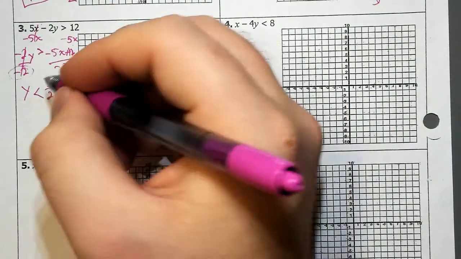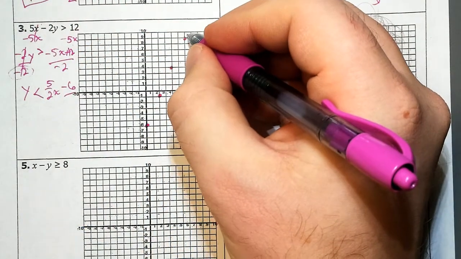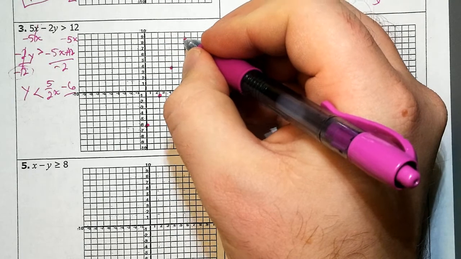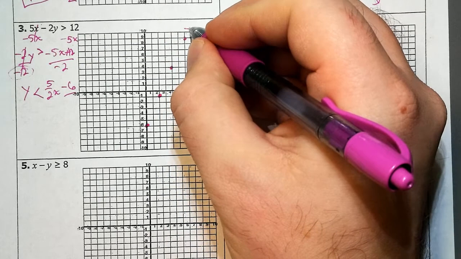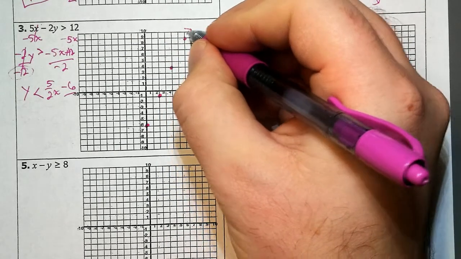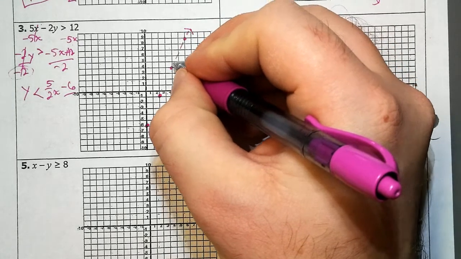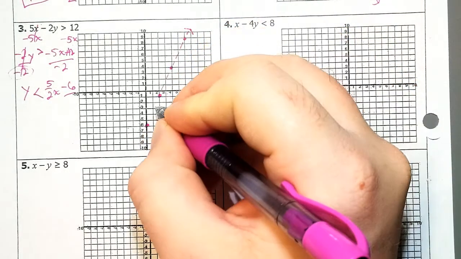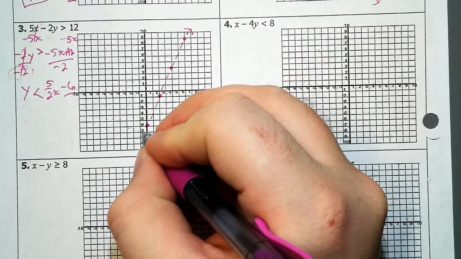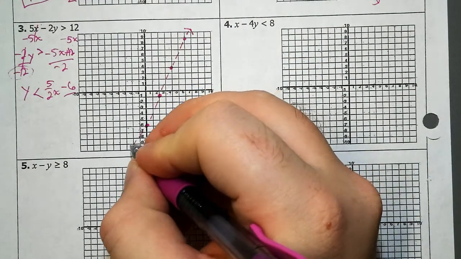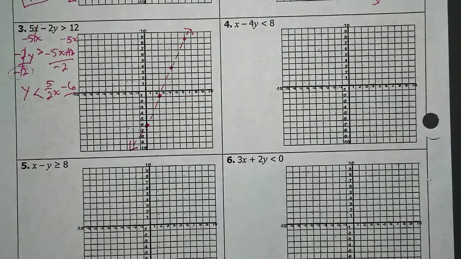So this is a less than symbol, so we're going to do a dashed line. So start here, put in my arrow so I know it kept going. And I'm just going to put a dashed line all the way down. If you want to, you can use a ruler for a dashed line. I just know that with my dashed line, it's not going to be exact.